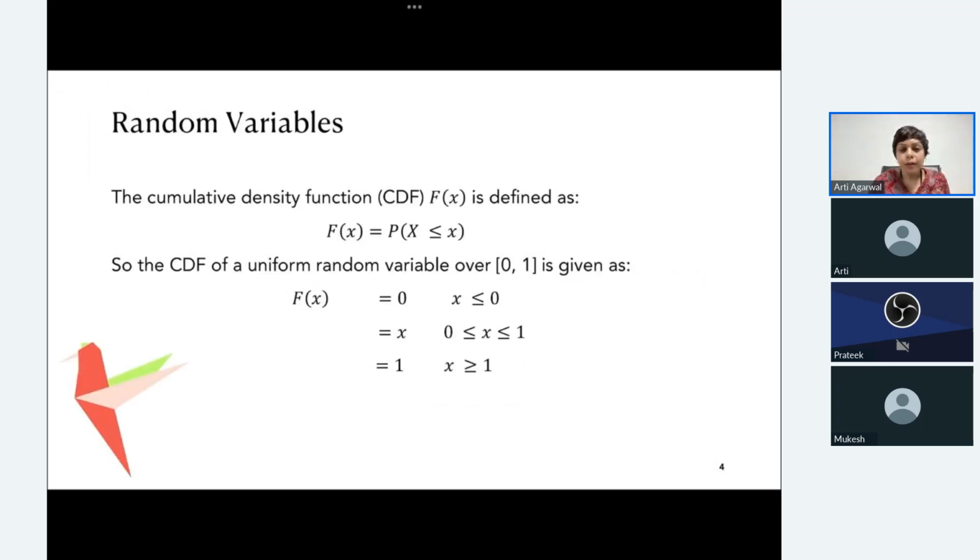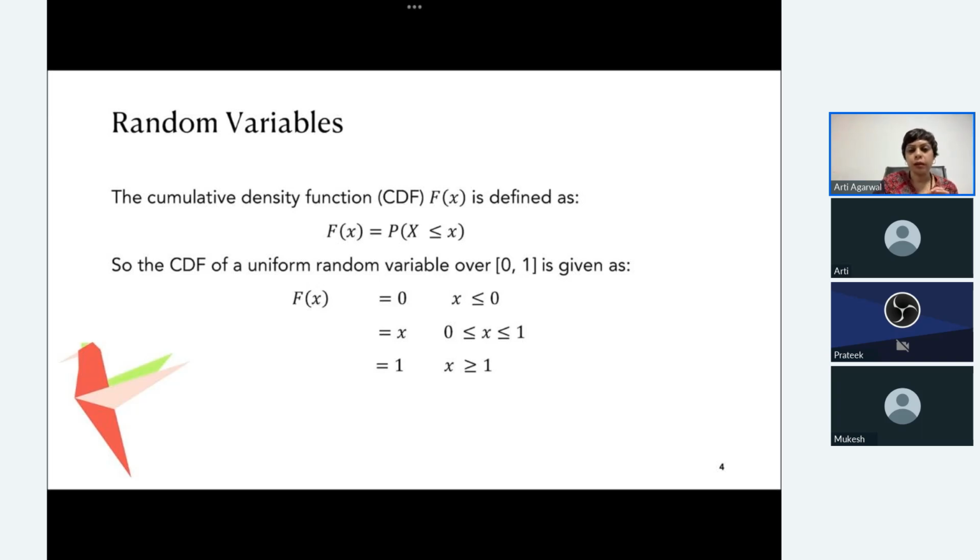The other important function which you should be familiar with is the cumulative density function, which is the CDF. This is generally denoted as capital Fx. The small f denotes the probability density, capital Fx denotes the cumulative density.